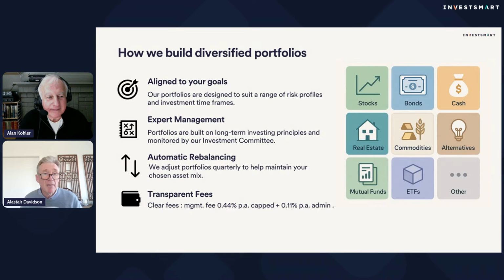So, Alan, if we go on to the next slide. So this is basically how we build our portfolios. They're all designed to suit different risk profiles. We have the normal range of conservative, balanced, growth and high growth. We've added ethical growth and ethical high growth, because there's such a wide selection of ETFs.